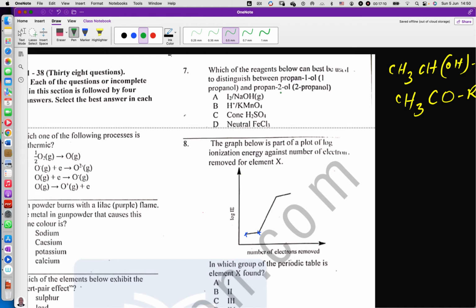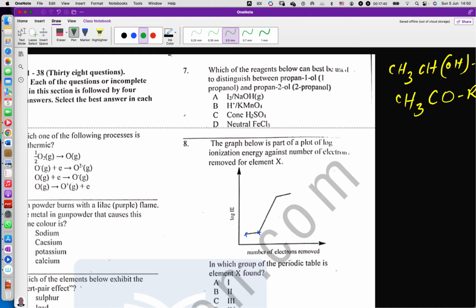Again, this reagent is also used to identify any compound that has a methyl group on the same carbon that bears the functional group. Because the end product of the reaction of propan-2-ol with this will be a yellow precipitate of triiodomethane.